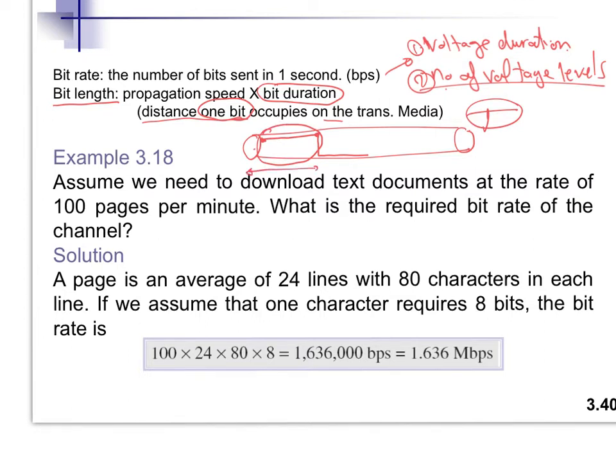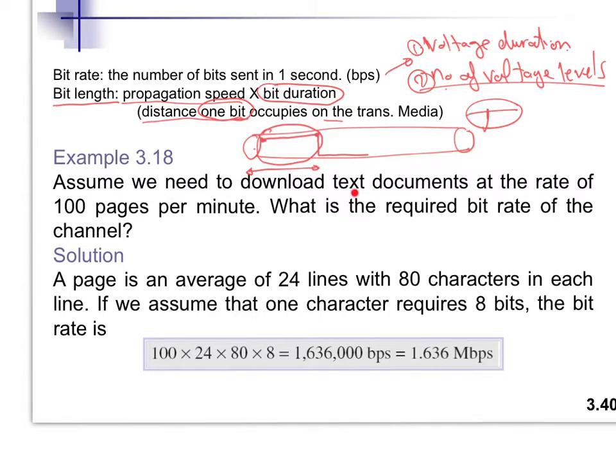So what is this distance on the transmission medium? This distance again depends on the propagation speed. So again, the bit length, similar to the wavelength, equals the propagation speed times the bit duration, as opposed to the cycle duration, because for the case of a digital signal, we do not have a cycle.